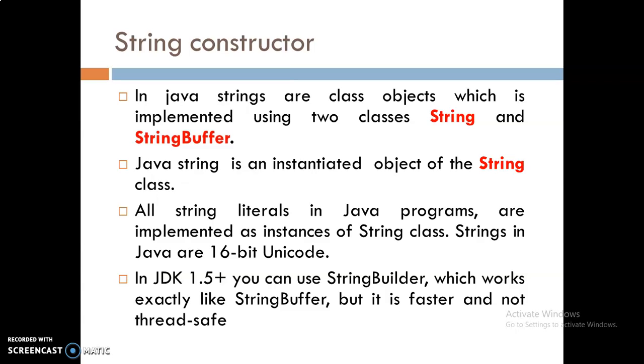All string literals in Java programs are implemented as instances, and instances are nothing but objects of the string class. Whenever we create any string literal, it means we are creating an object of the string class, as the string class, as well as the string buffer class, is already created in the system.